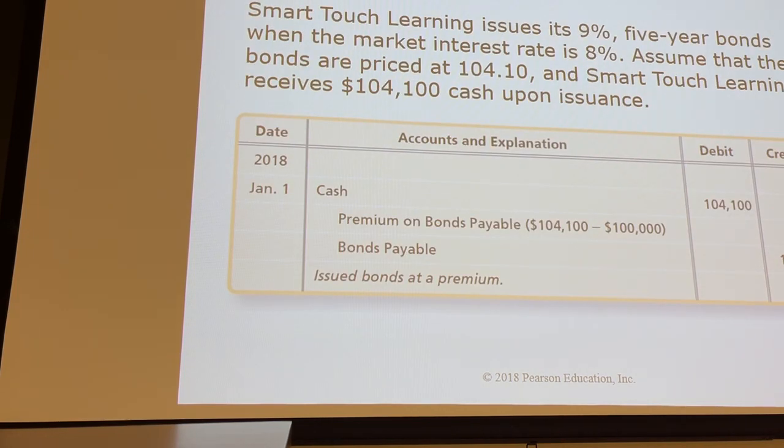So here in this example, it says that they issue the 9% 5-year bonds when the market interest rate is 8%. So you know, because the bonds have a higher stated rate of interest than the market interest rate, those bonds are going to be issued at a premium.